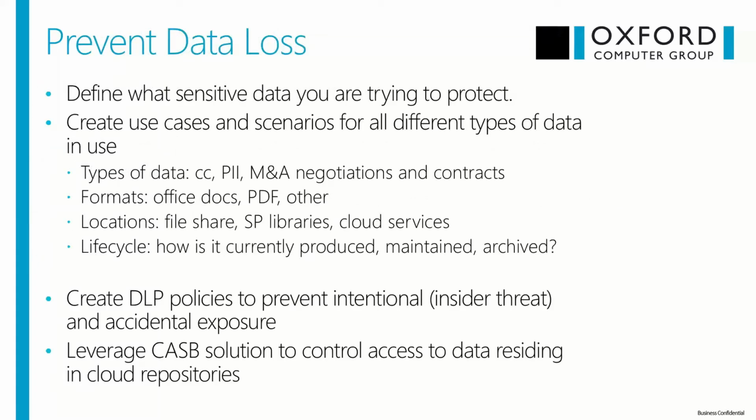So the next step, once you've discovered your data, you know where it is, you know what needs protecting, you've started a classification labeling scheme to apply those labels to those data assets. Now the next step is preventing data loss.